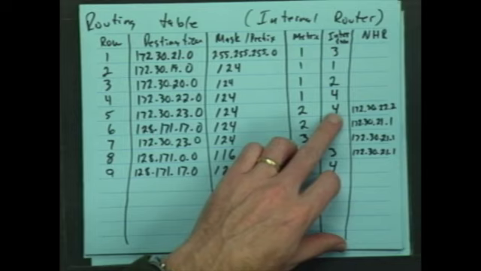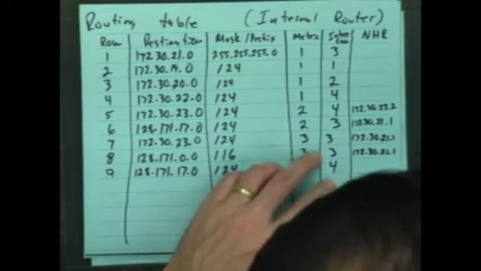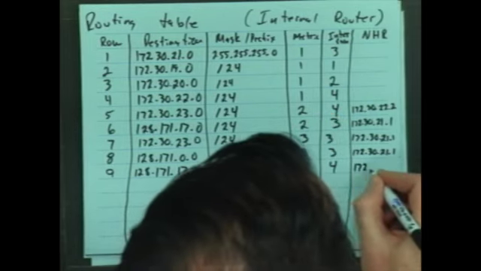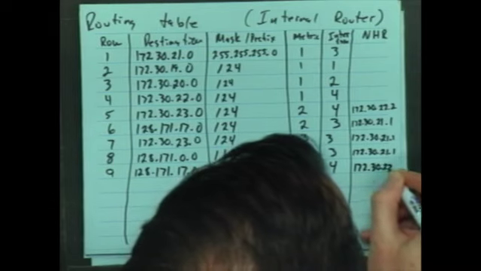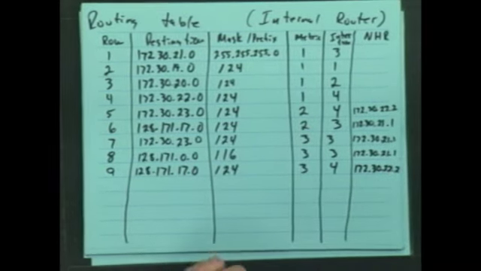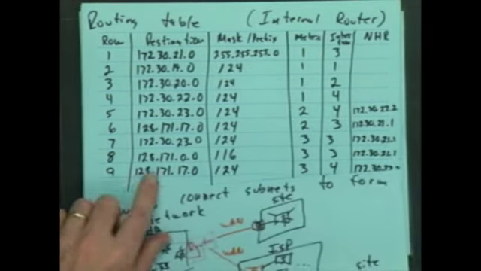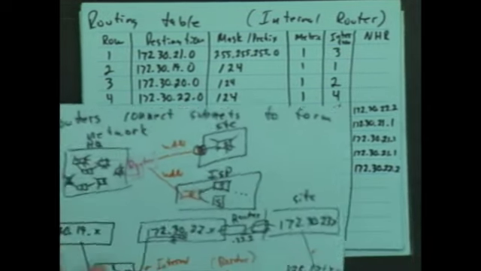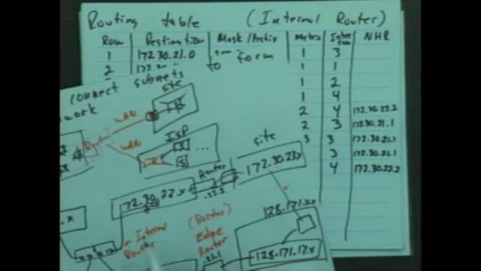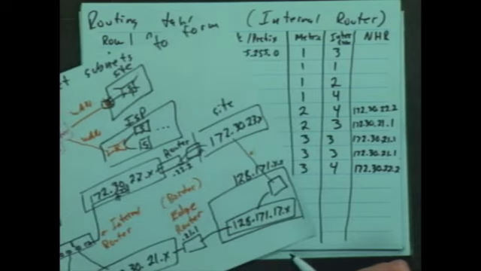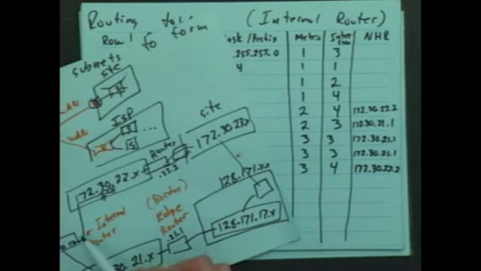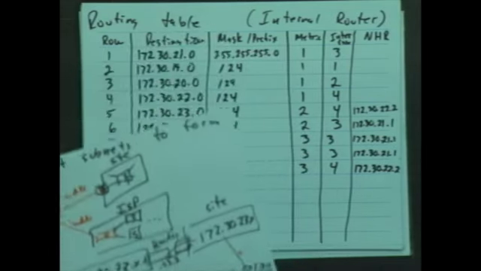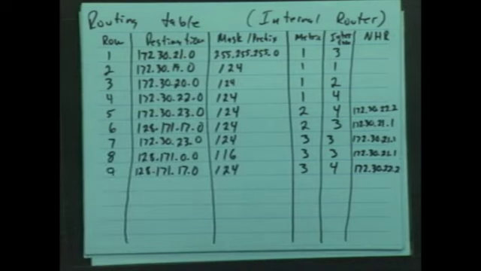Should be that one. 172.30.22.2. Okay, this is how we get 128.171.17. So it's how I'm going to get to this subnet if I go this direction. So if I go out port 4, I have 1, 2, 3 hops to get to that subnet. 3 hops out 4. Round and round in circles.